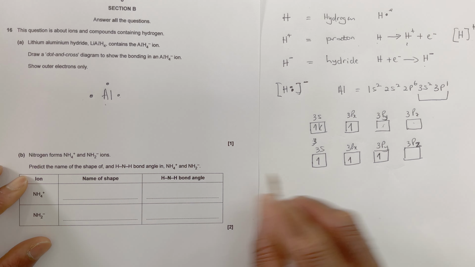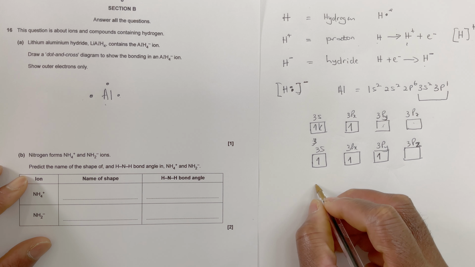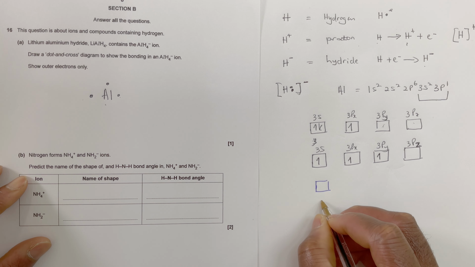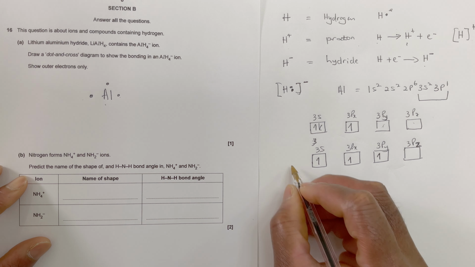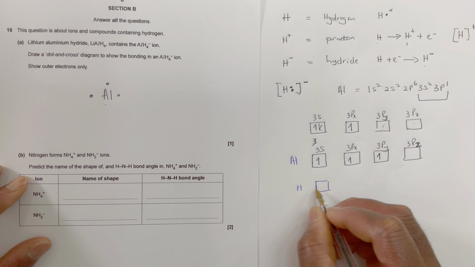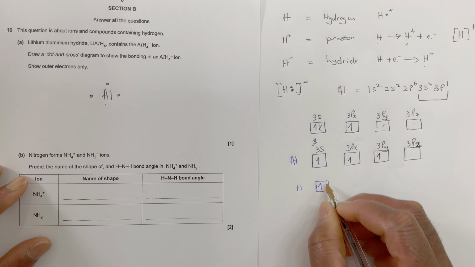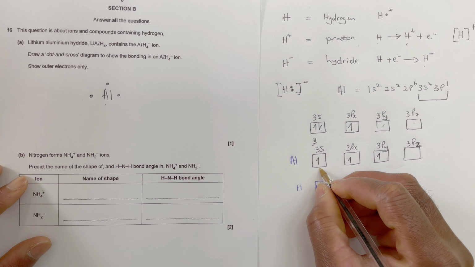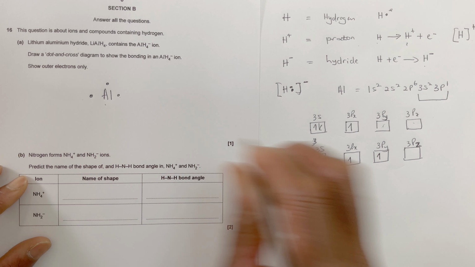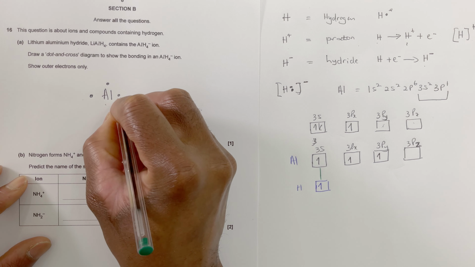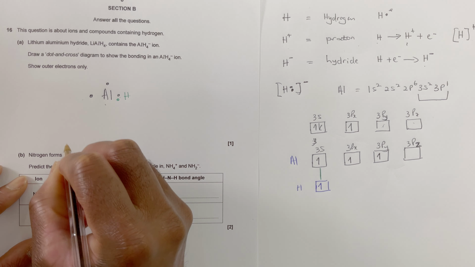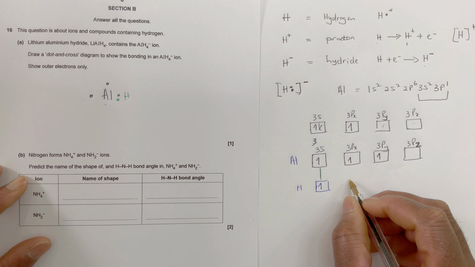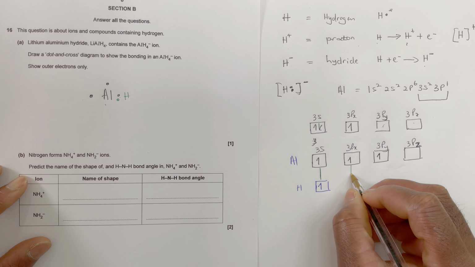So that's what we're going to do now. We're going to get hydrogen here, hydrogen with 1 electron. This is aluminium, and the hydrogen with 1 electron forms a bond. So here is the bond they form. I'm putting hydrogen here. There are 4 hydrogens, so the second hydrogen comes in with 1 electron to form another bond.